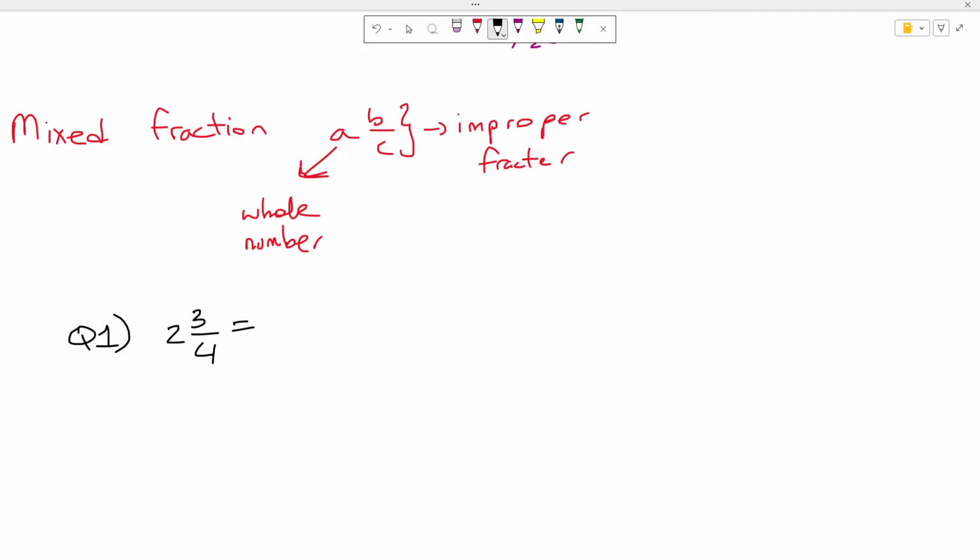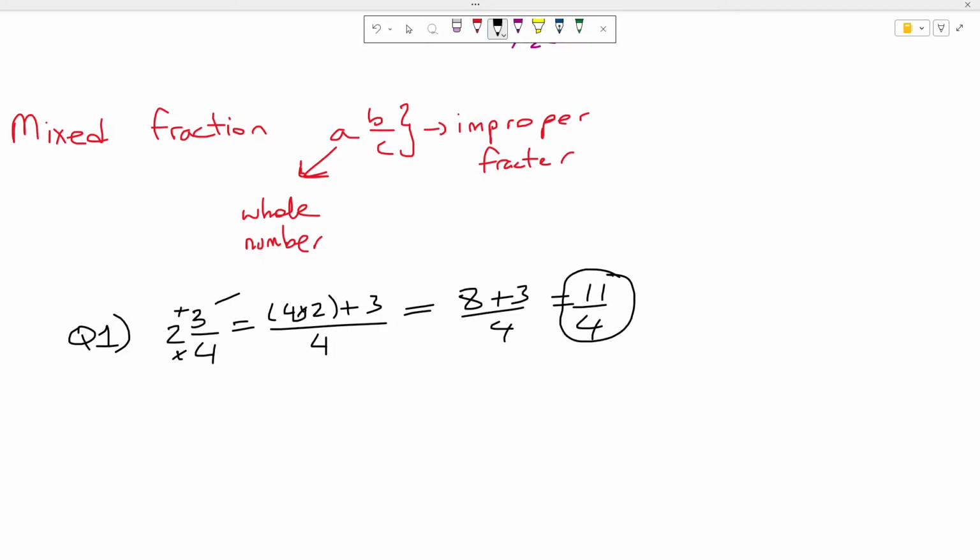We take 4 multiplied by 2 and then add 3, and the denominator stays the same, 4. 4 times 2 is 8, and 8 plus 3 over 4 gives us 11 over 4. 11 over 4 is our improper fraction.